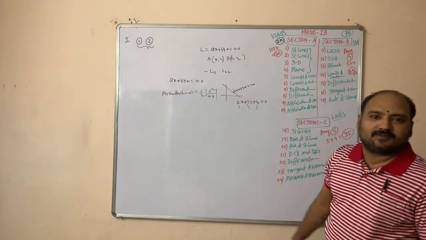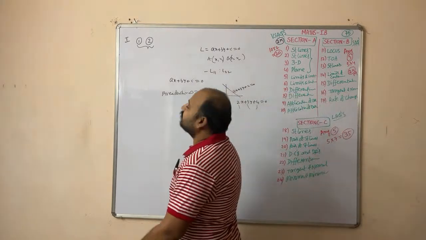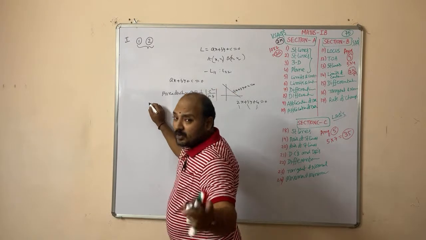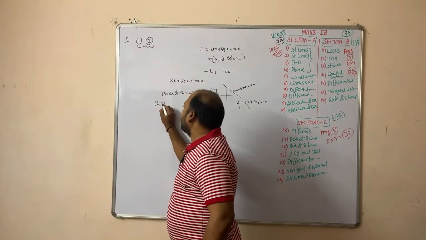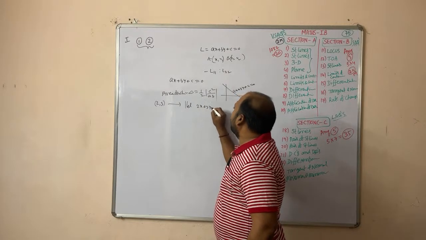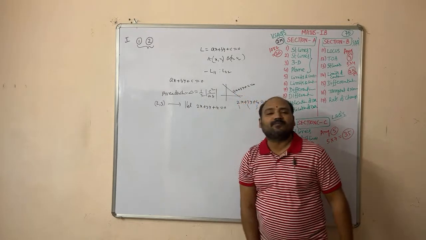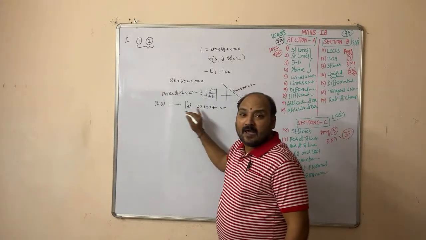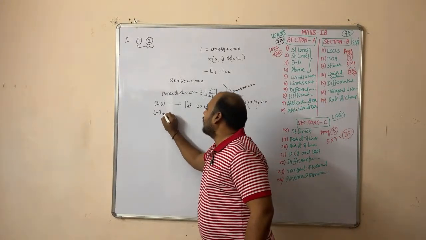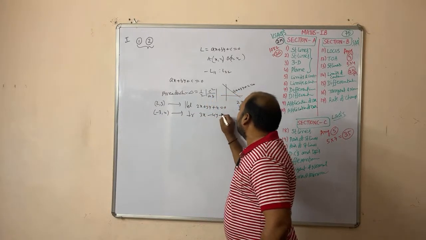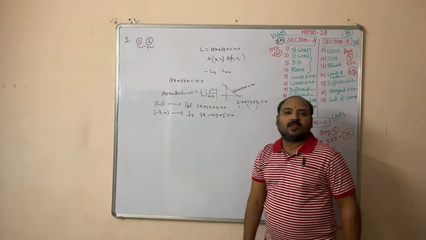Okay, dear students. After that, the next possibility. Find the equation of the line passing through 2, 3 and parallel to 2x plus 3y plus 4 equal to 0. So for that, parallel line, perpendicular line, minus 3, 4, find the perpendicular line to 3x minus 4y plus 5 equal to 0.